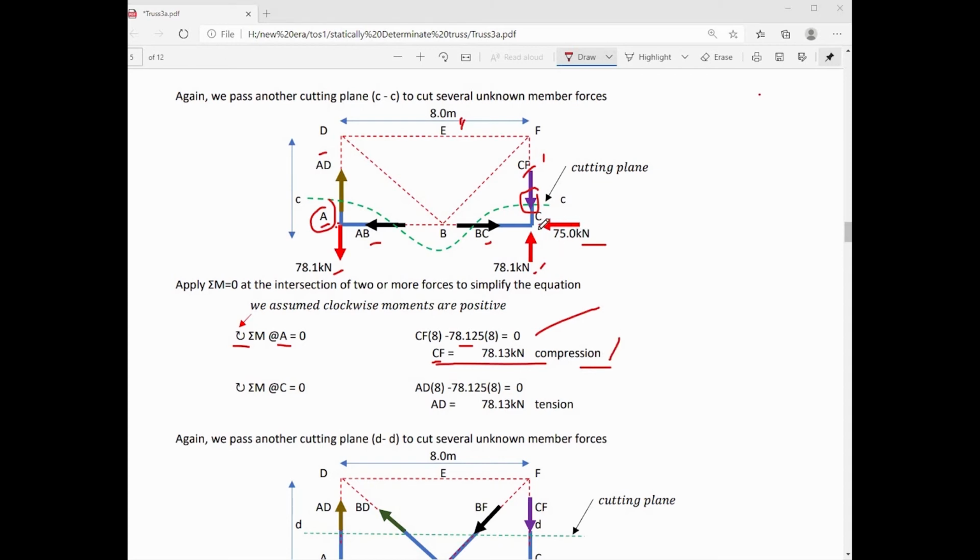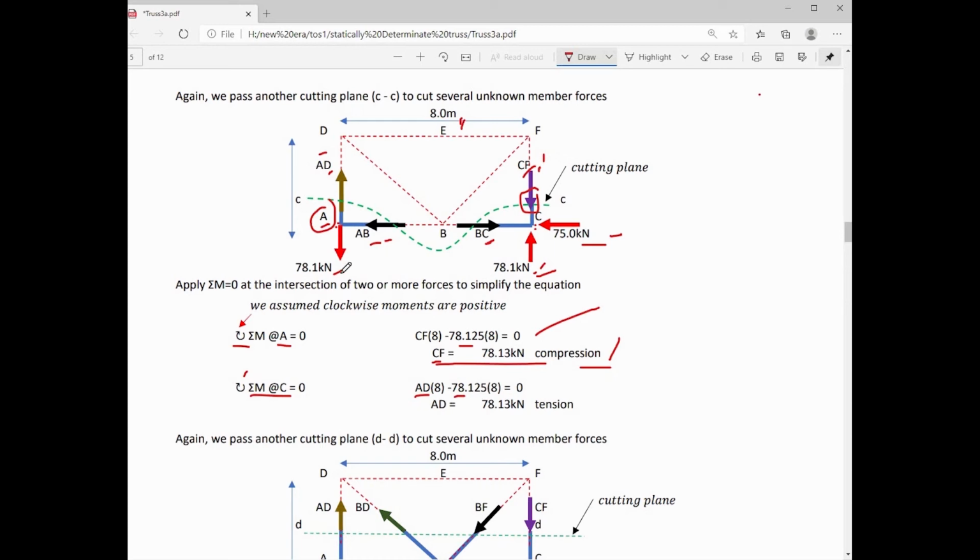If we apply summation moment at point C, we can solve for member force AD. Since BC, AB, 75, 78.1, and CF will pass through joint C, the only unknown will be AD. And here's the equation. We apply summation moment at C is equal to 0. Clockwise moment positive. AD multiplied by 8 is clockwise with respect to point C, that is positive.